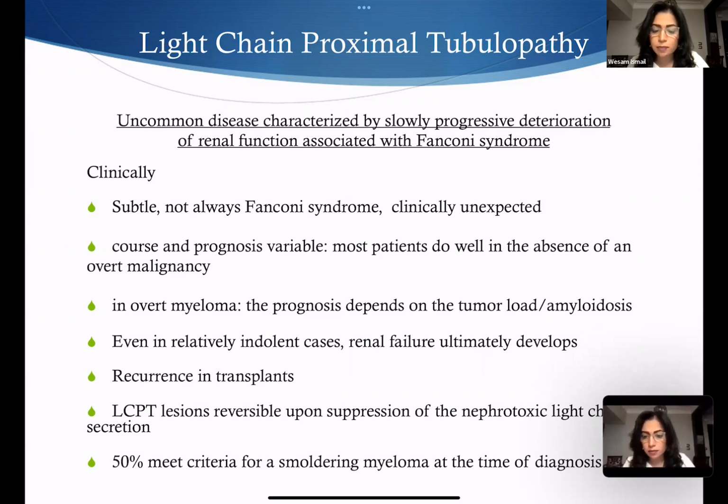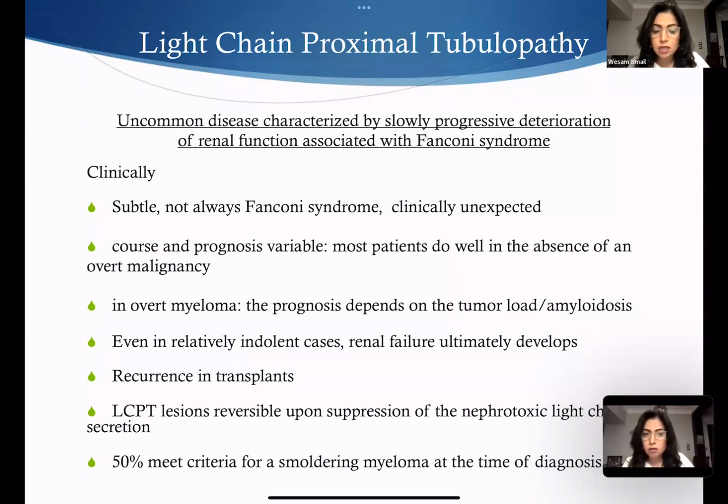So when we say that patients do well, we mean as per survival in relation to the systemic disease, not in relation to the kidneys, because eventually they will also develop end stage. And these light chains have a tendency to recur in transplants if they are not treated, but it can be reversible if you can manage to suppress or stop the light chain production.